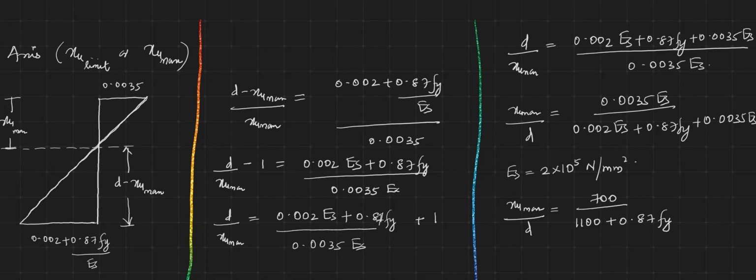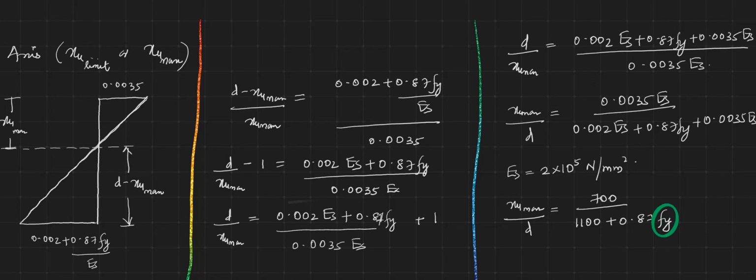Which means this XU max by d will only depend on the grade of steel being used. That is, for different grades of steel, the XU max by d will vary.